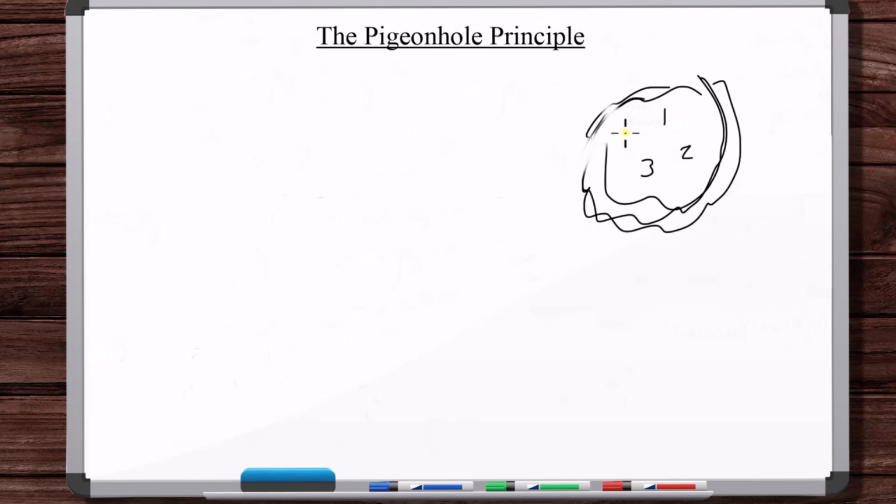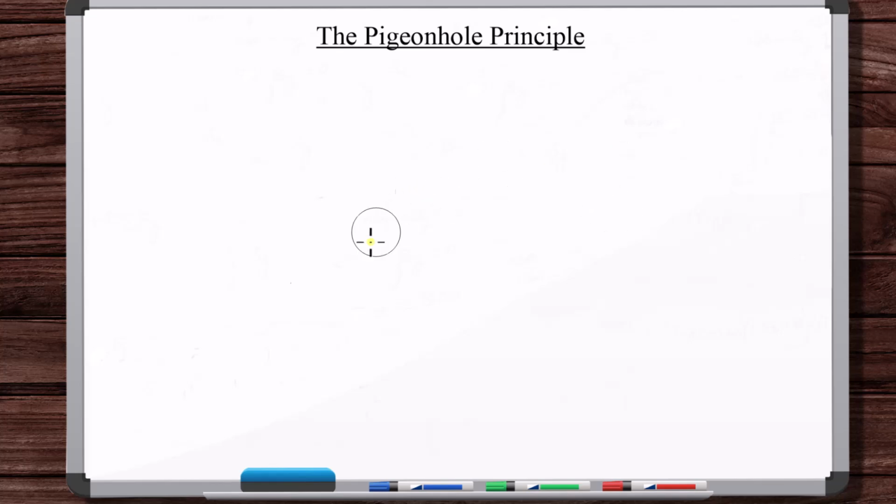Whenever you're presented with any kind of pigeonhole problem, the whole way you solve it is you're going to have to take a step back and break things down. You might have to do some counts to figure some things out. But the whole goal is you're needing to identify for this problem, what are the pigeonholes and what are the pigeons?